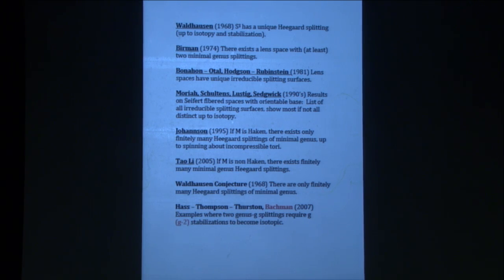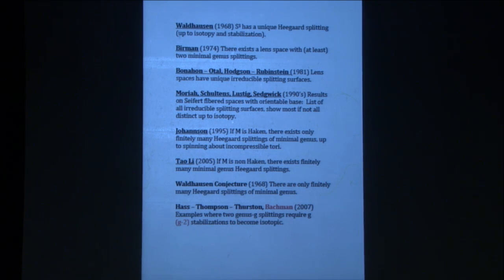If you have a torus, there's a homeomorphism by cutting along the torus and doing a Dehn twist across it, spinning around the torus. So up to that, there are only finitely many splittings of minimal genus, and Tao Li showed that for non-Haken manifolds, that's it. There are only finitely many minimal splittings. And so that answered the Waldhausen conjecture.